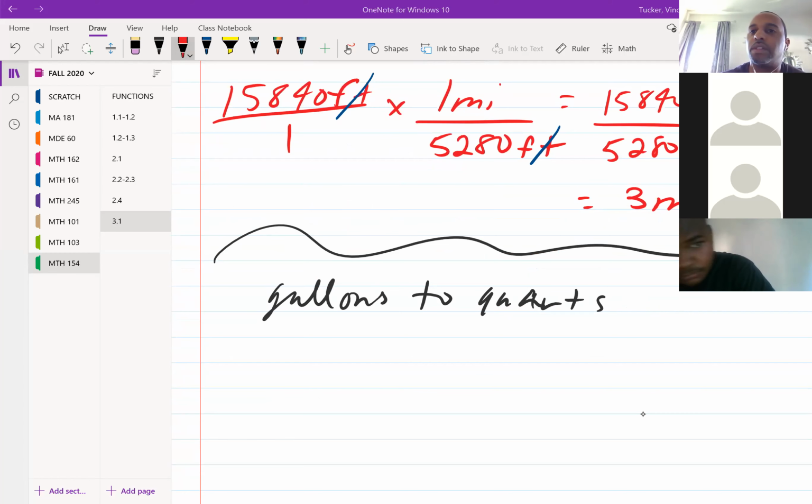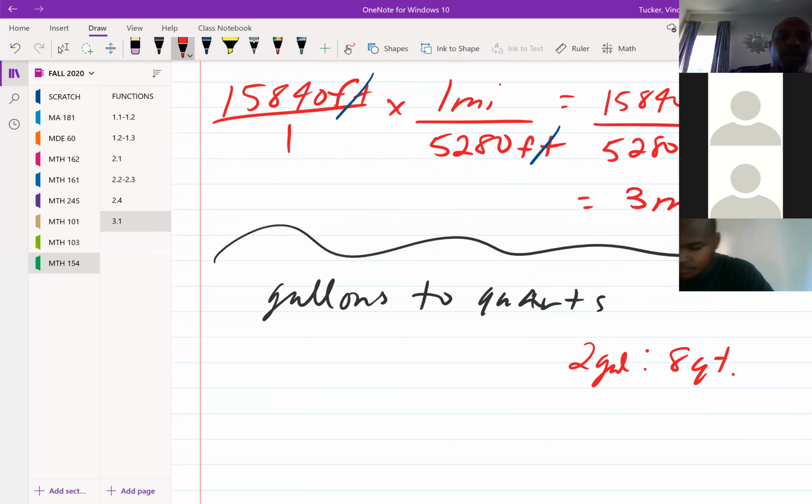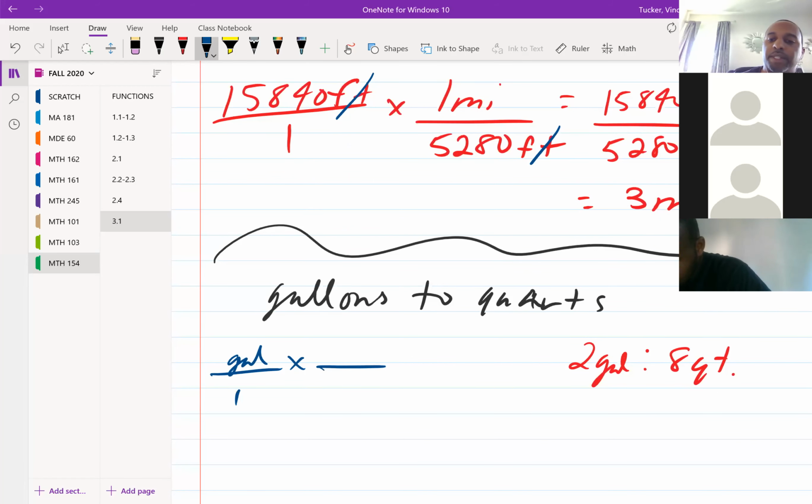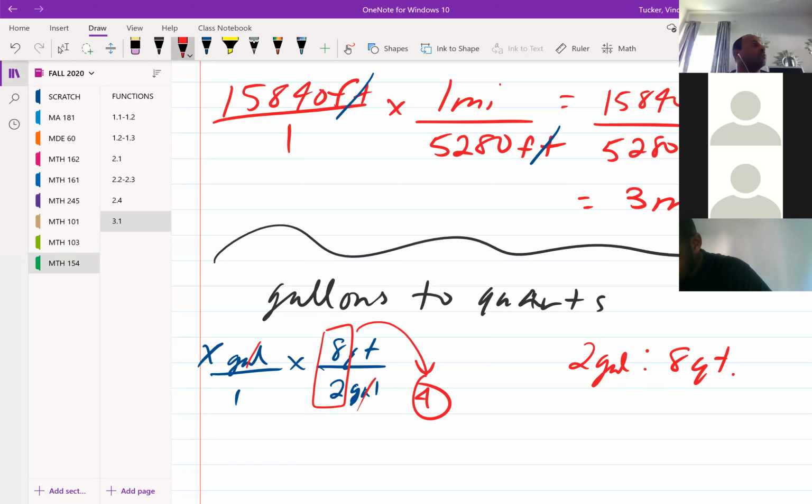Yeah, they say 2 gallons, 8 quarts. So if I'm going from gallons to quarts, that means I'm starting off in gallons. It doesn't matter what number. I'm starting off in gallons. So I need to multiply whatever it is, X gallons, by 8 quarts divided by 2 gallons, right? Because I want my gallons to cancel out. So they ask us, what would we be multiplying by? That would be 4, right? 8 divided by 2.